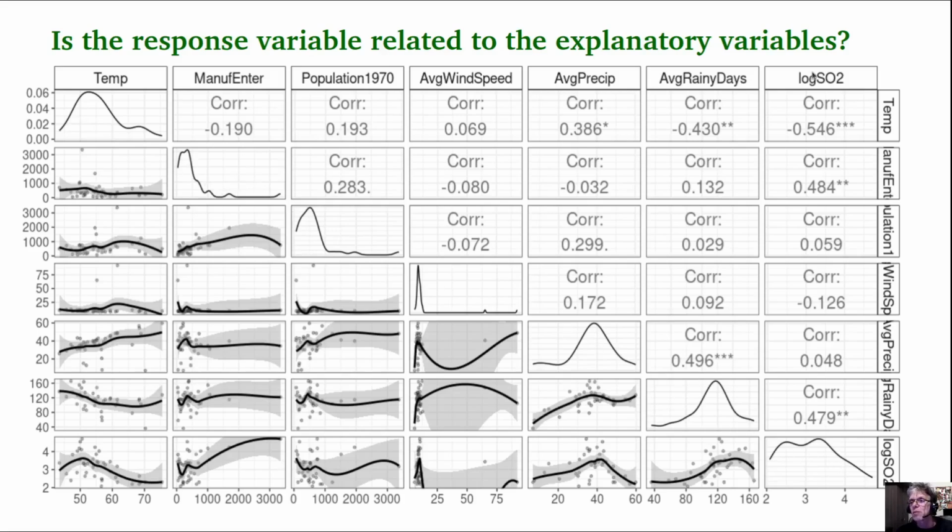Here we have the response variable log SO2, and in the bottom row we have in the vertical axis the log of the SO2 against temperature here. There is a declining relationship. The log of the SO2 in relationship with the number of manufacturing enterprises and the population in the 1970s, and the other climatic variables showing virtually no relationship whatsoever.